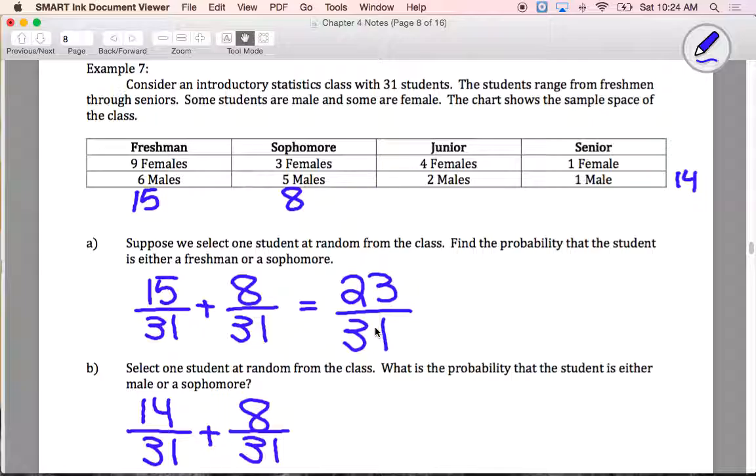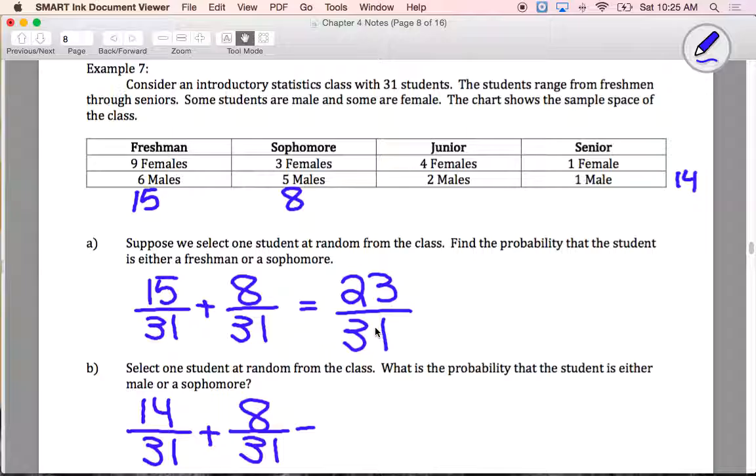But you have males that are also sophomores. So that means you're including those 5 males twice. So you're looking at them as both males and sophomores. So really, in my group here, we're saying there are 10 males in that group. We don't want 10, we only want the 5. So we have to get rid of any numbers that overlap in both groups.